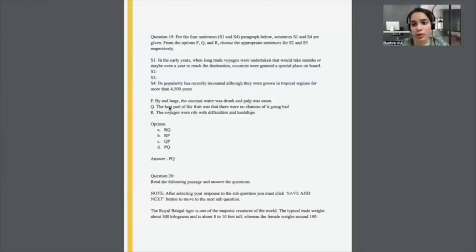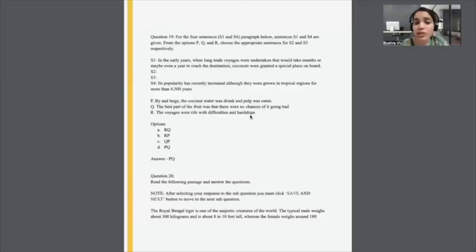The here becomes the article, but it is also the pronoun of the fruit, right? So the correct answer is P, because this also closely talks about water in a sensible manner. By and large, the coconut water was drunk and pulp was eaten. Now, let's look at the 4th sentence and then we will backtrack to the 3rd sentence. Its popularity has recently increased, although they were grown in tropical regions for more than 4,500 years. So the voyages were rife.